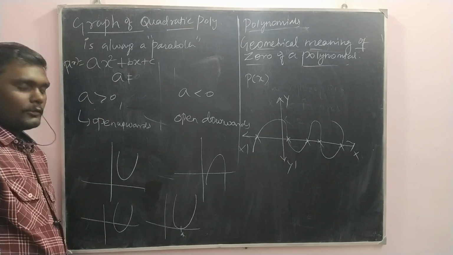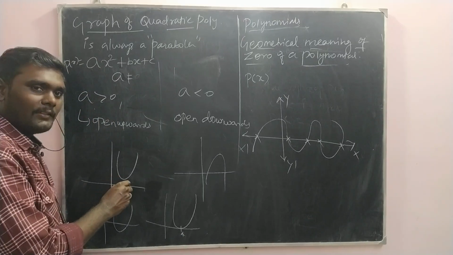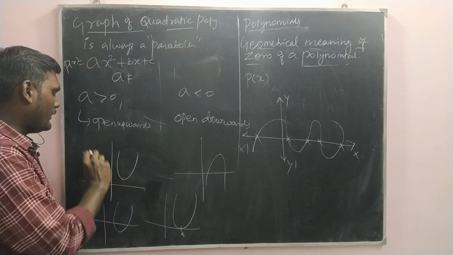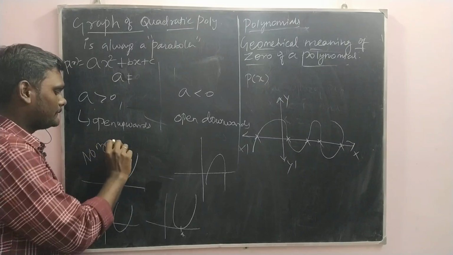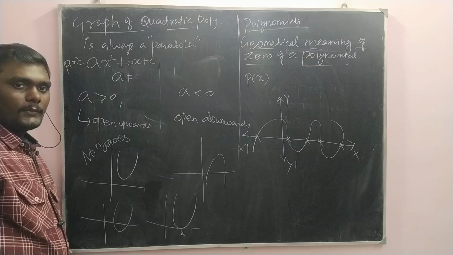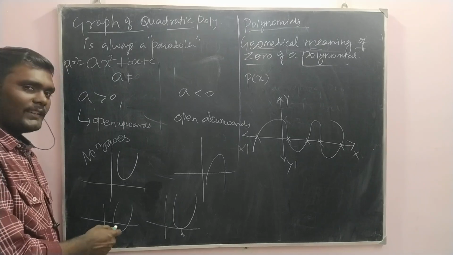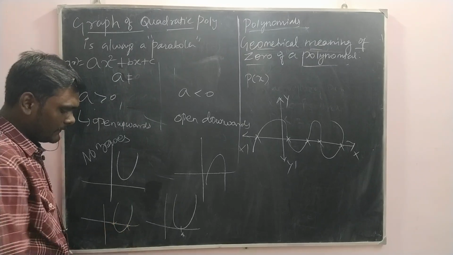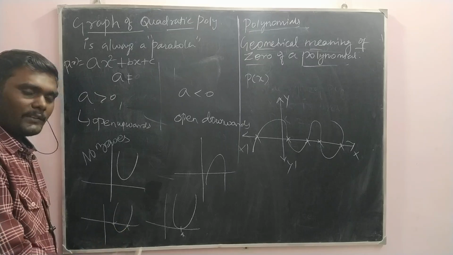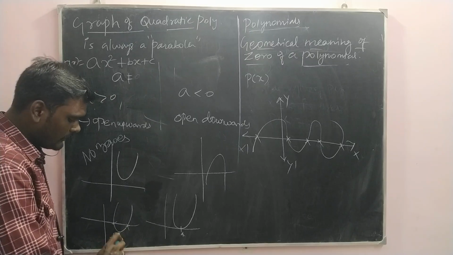When it is not even intersecting, we say the polynomial has no zeros. When it is intersecting at exactly 2 points, how many zeros does this polynomial have? 2 zeros.